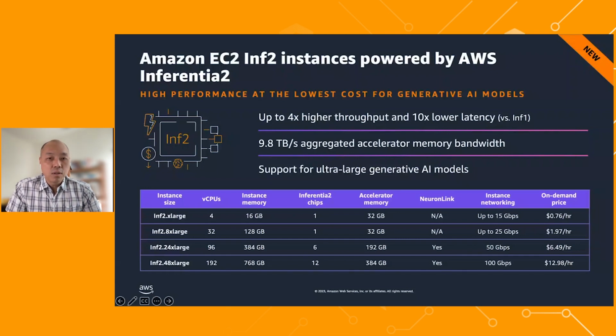For the Inf2, compared to the Inf1, the first generation of the AWS Inferentia chip, we see up to 4 times higher throughput and also 10 times lower latencies when you run the same model comparing the two. And there is also a bump in the accelerator memory bandwidth as well.